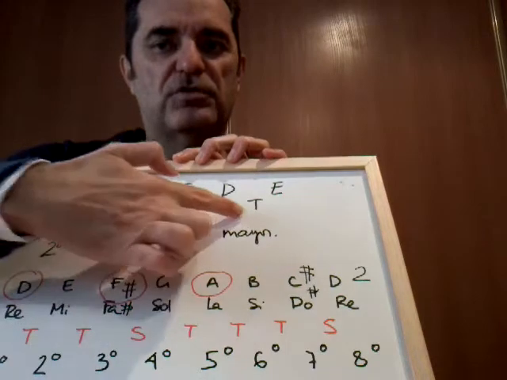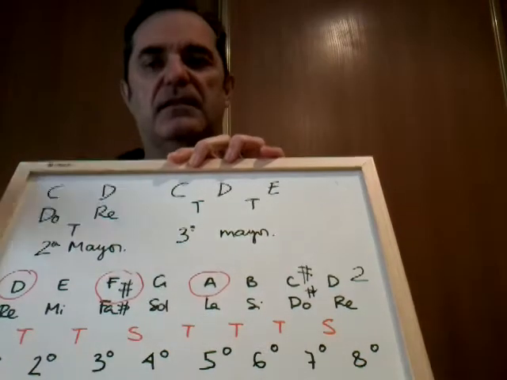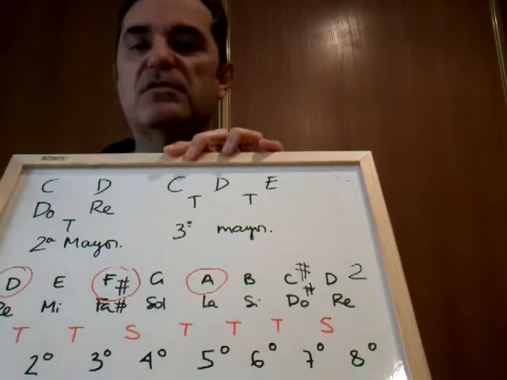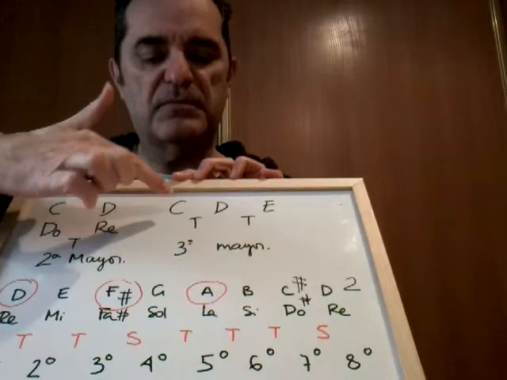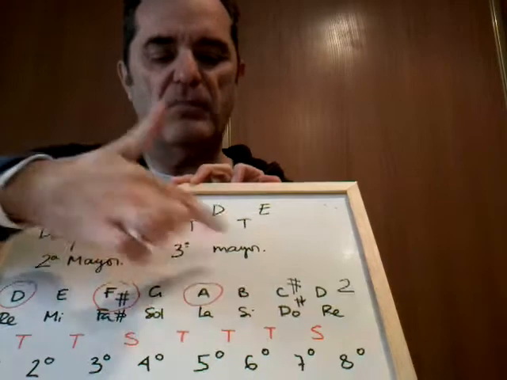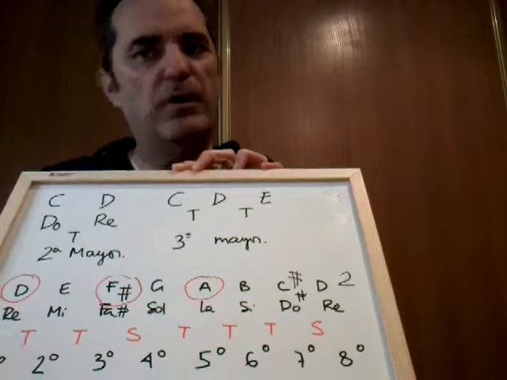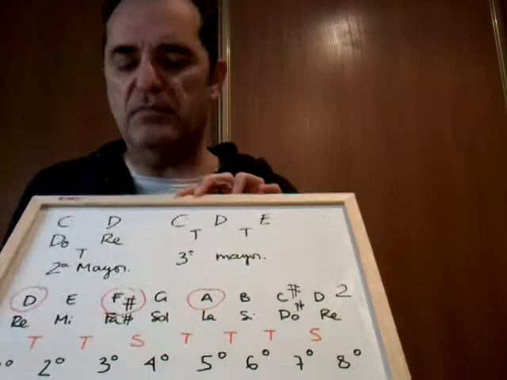Y tenemos dos tonos. Remember the interval is the distance between two notes. Here, the distance between C and E is two tones, and we call it third major. Here, the distance is only one tone, we call it second major.